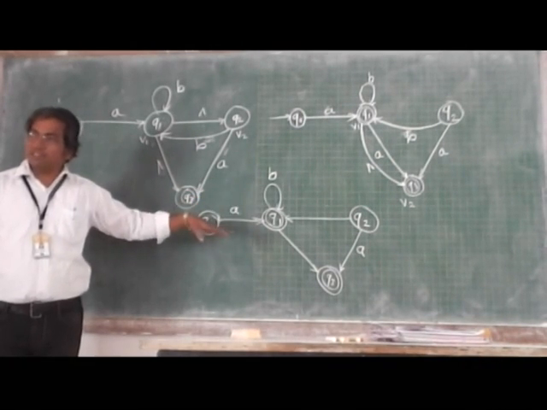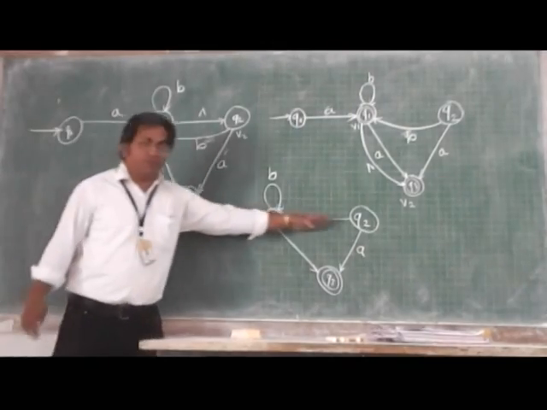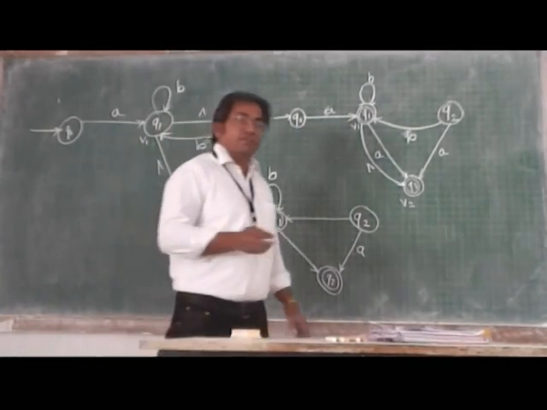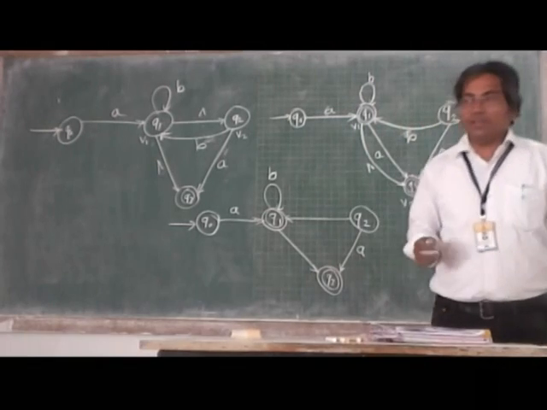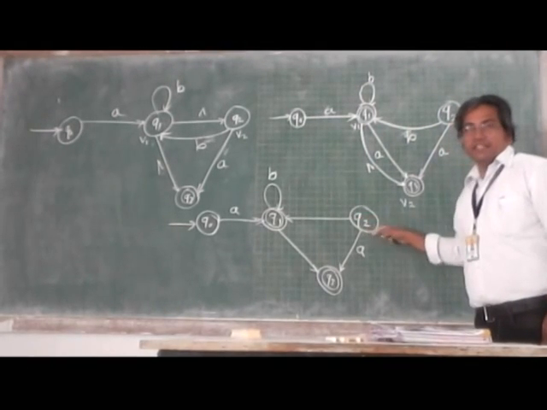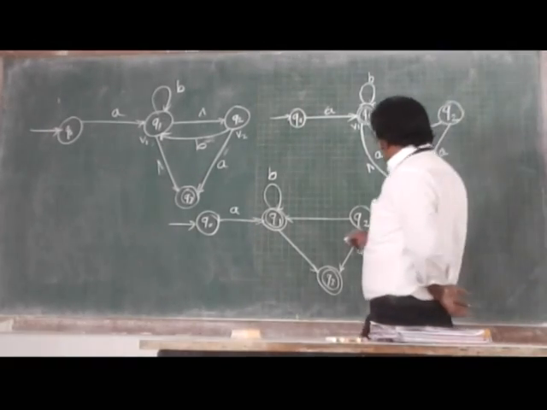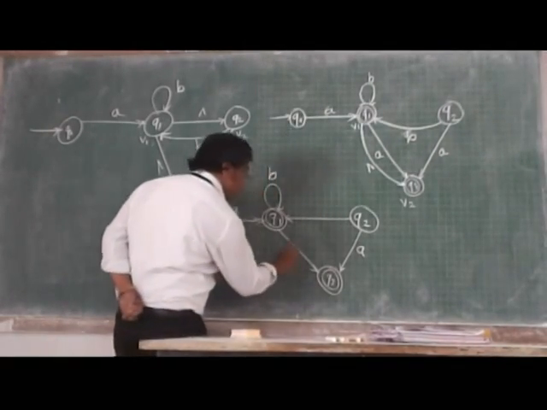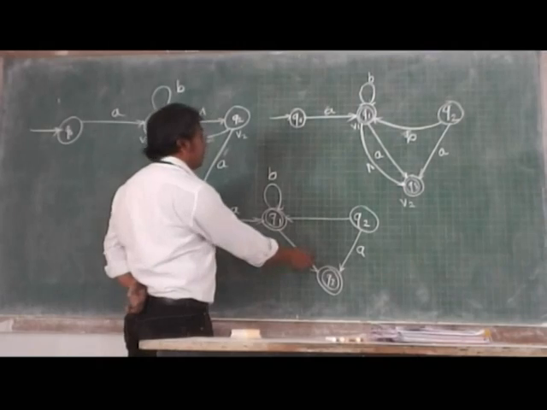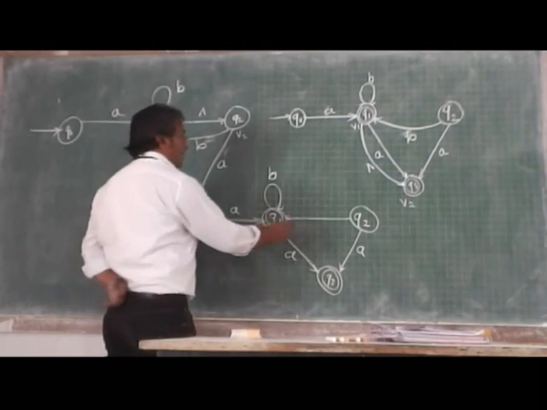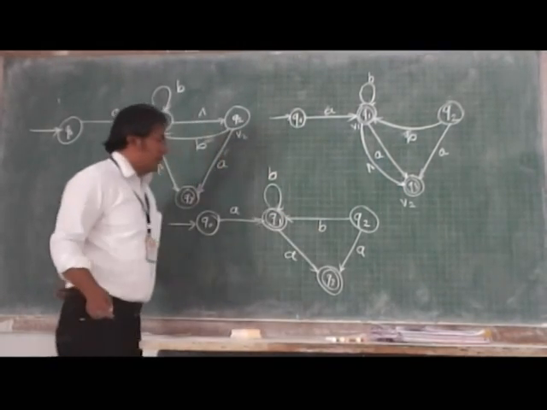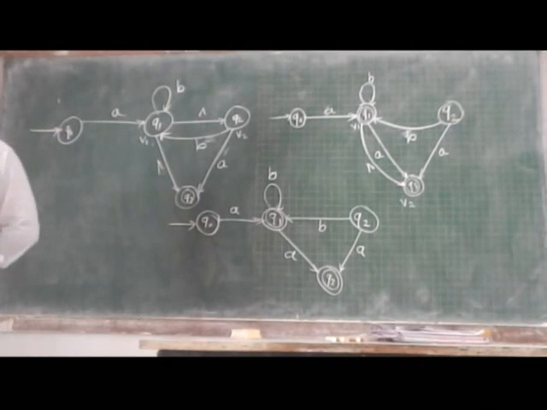In the further process, this Q2 will automatically get removed, because it does not have any significance. Okay, I will complete the diagram. This is the final state, this is A, and this is B. So this much is the final answer.